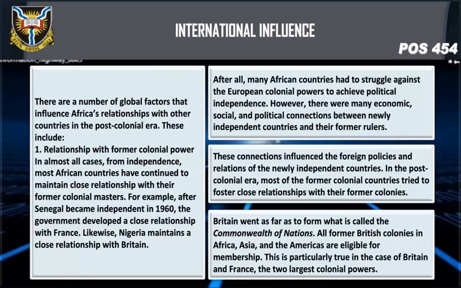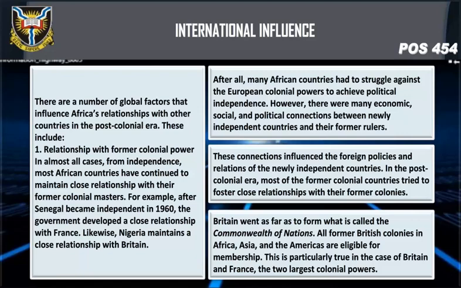In most cases, from independence, most African countries have continued to maintain close relationship with their former colonial masters. For example, after Senegal became independent in 1960, the government developed a close relationship with France. Likewise, Nigeria maintains a close relationship with Britain.